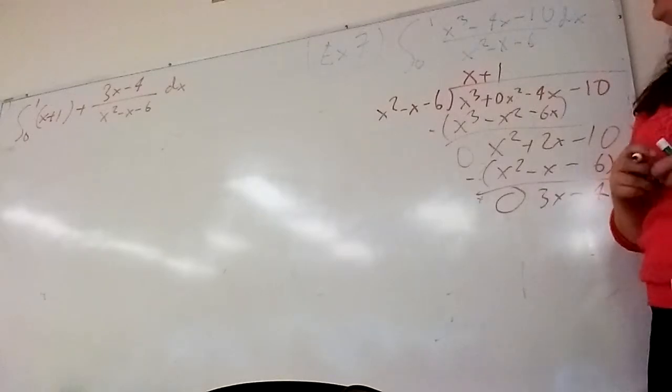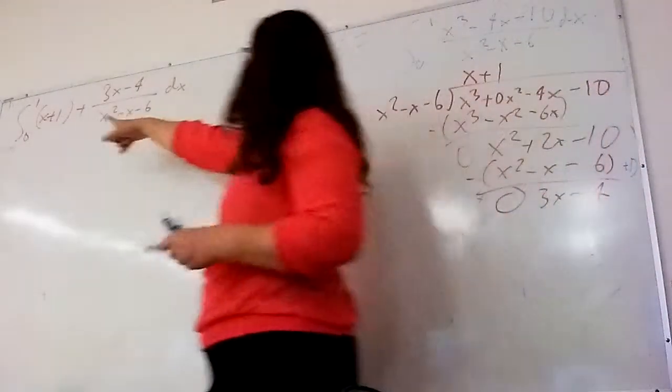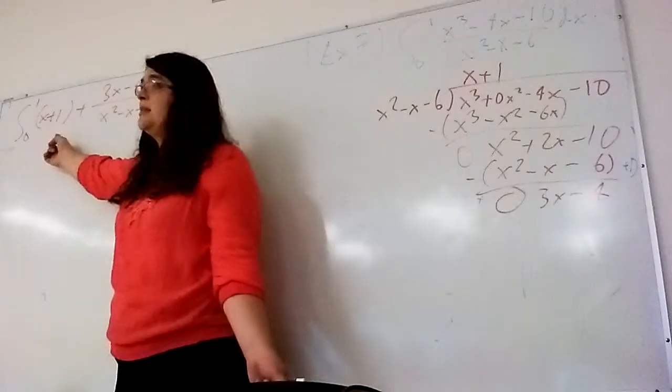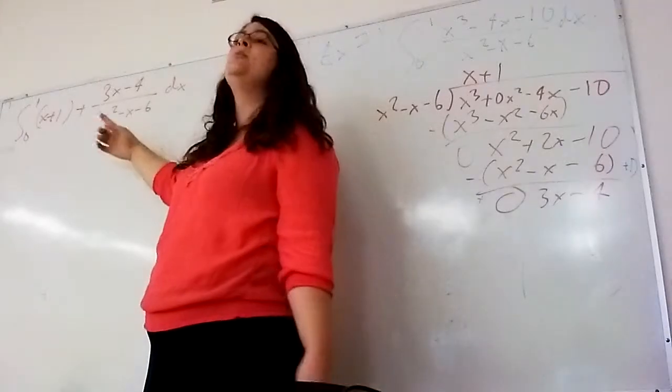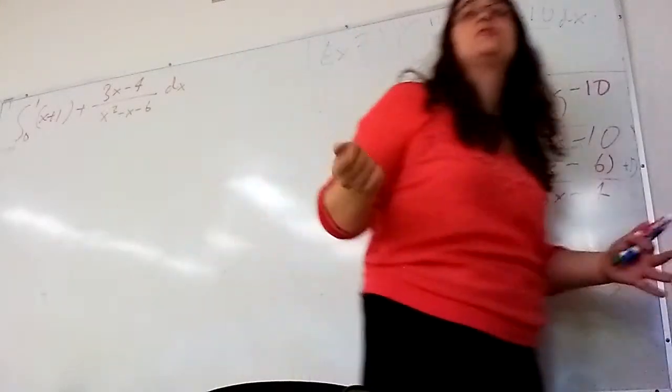So long division of polynomials allows us to write the thing we got like that. X plus 1, that's something that's very easy for us to integrate. It's just a polynomial. But this guy here, we can't integrate directly. This guy here, we're going to have to integrate using partial fractions.